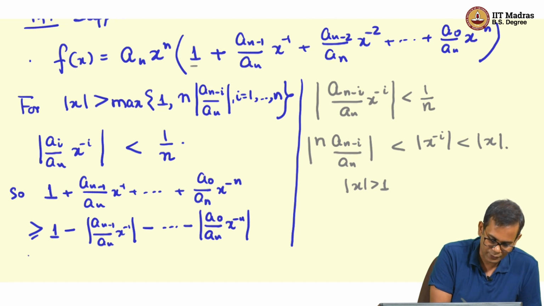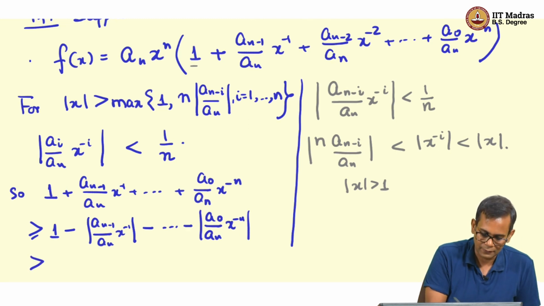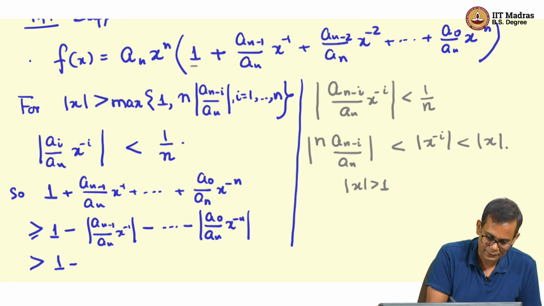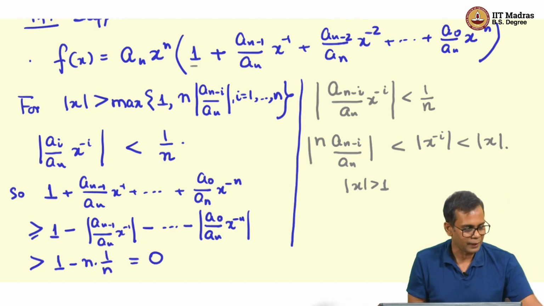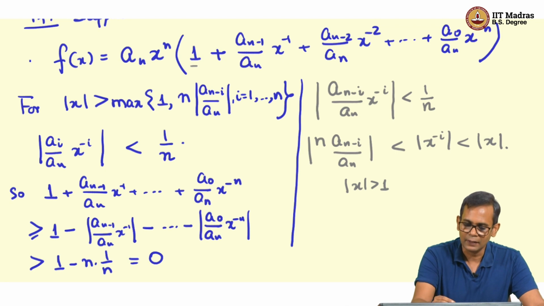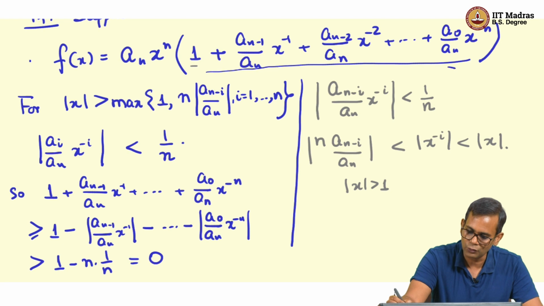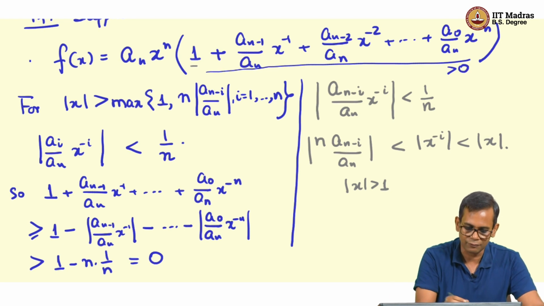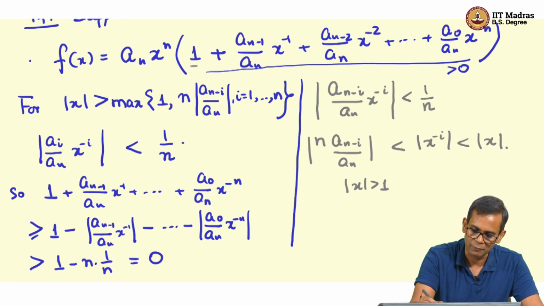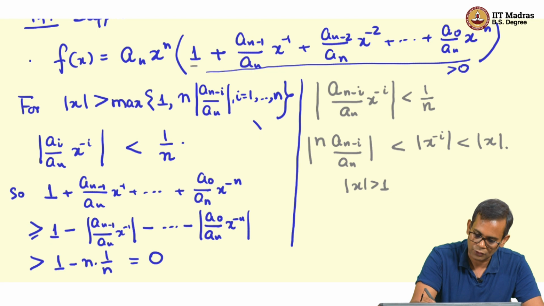So, this whole difference will be greater than 1 minus n into 1 over n, which is equal to 0. And so, this part inside parentheses up here is always going to be greater than 0 if the absolute value of x is greater than this maximum, which let us call this number capital M.